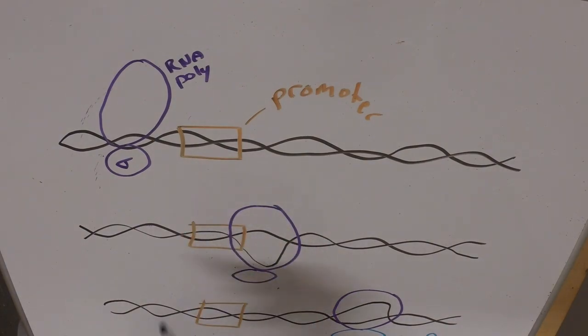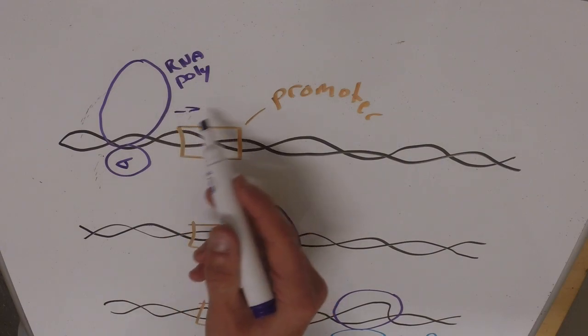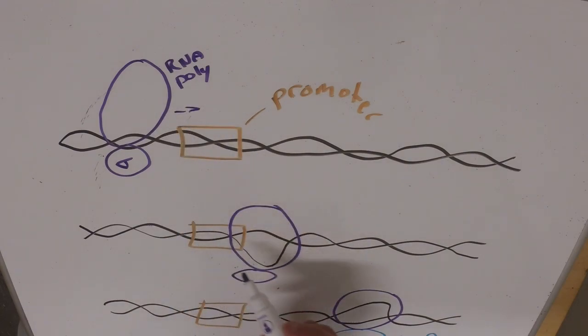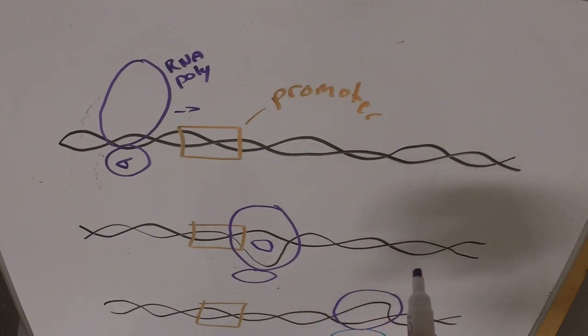Alright, so after it's moving along and does identify its promoter, or the promoter that is available for it, we have our transcription bubble form. As a reminder, this RNA polymerase is bound with its claw, the two beta subunits facing down in this position, from this perspective.